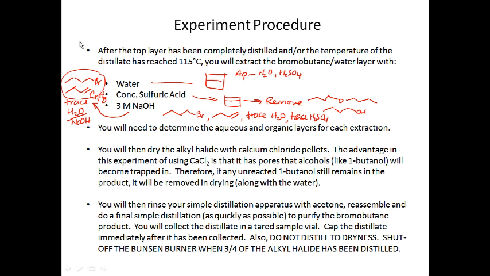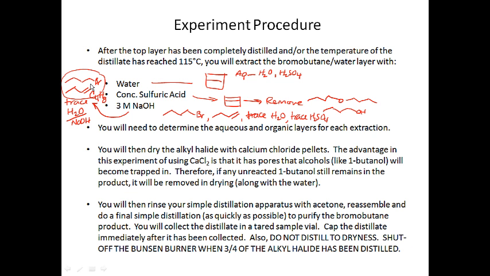It boils probably in the neighborhood of about 35 degrees. So if it made it through with all of the heating, when we do our distillation, it's going to become a vapor, but it's never going to condense. So in the final distillation, if there's any there, it's going to be gone by that time.